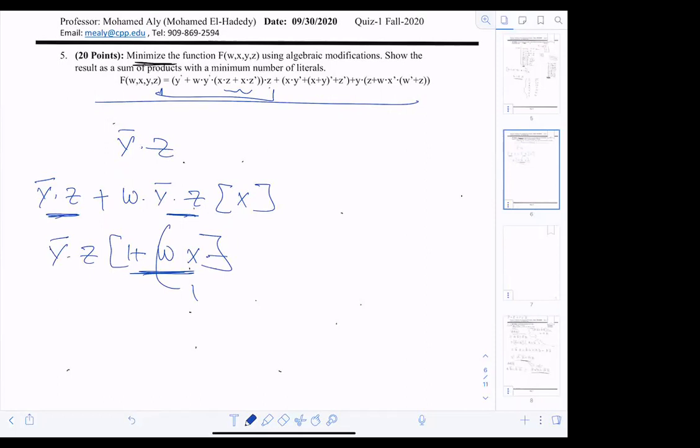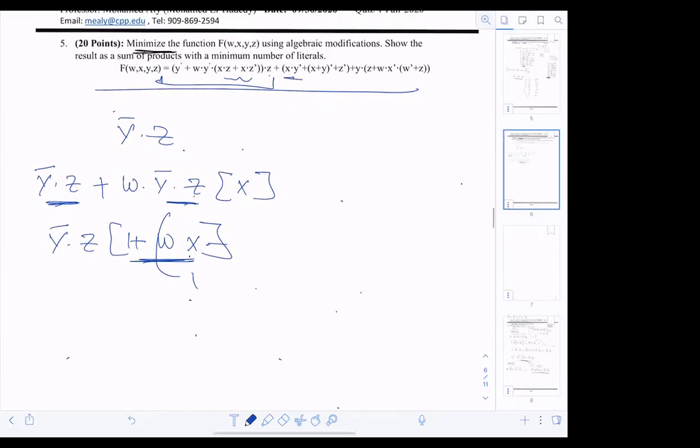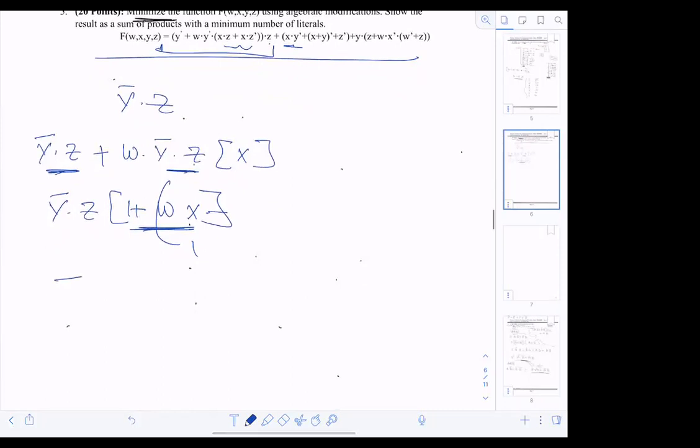Okay. Now the second part is basically this part. If you do it like this, it's going to be this part plus this part. So you already have here X, Y complement with the X complement, Y complement, right?